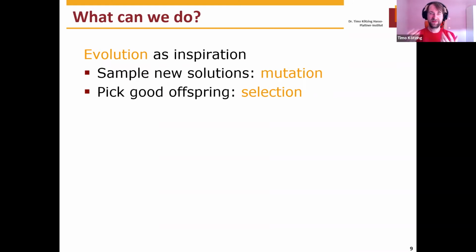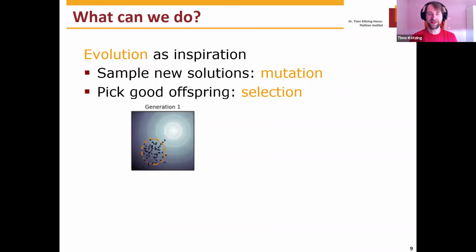So how does that look now in terms of how the things optimize? For example, you might want to find this very bright spot, and you have some kind of population that is sampled according to some distribution that is indicated by this ellipse here.